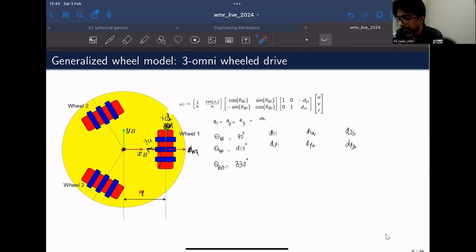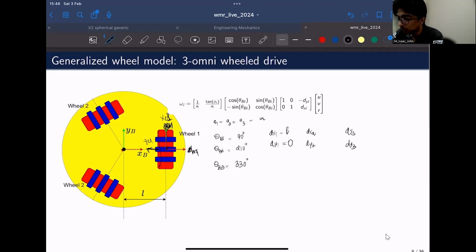So that is nothing but L over here. That's nothing but L. So dx1 would be L. And dy1, we don't have to translate any units along the yb direction because the frame C1 is lying on this xb axis. So dy1 would be 0.